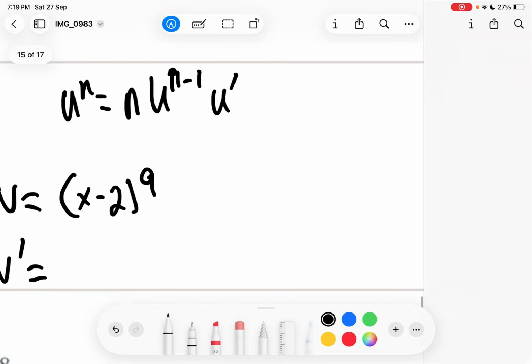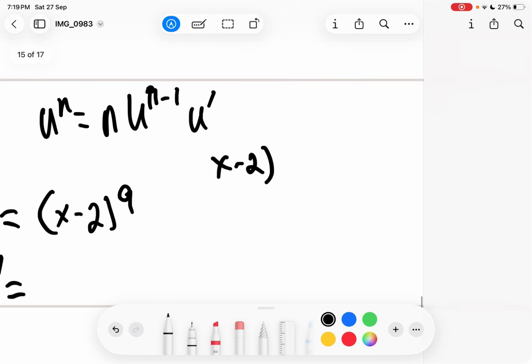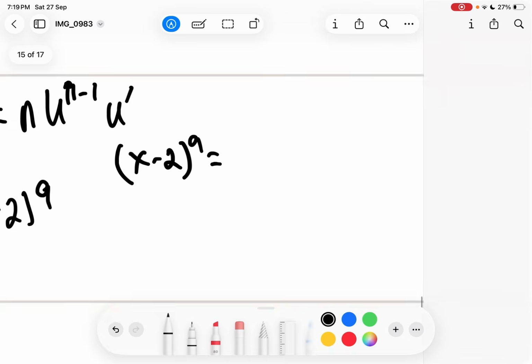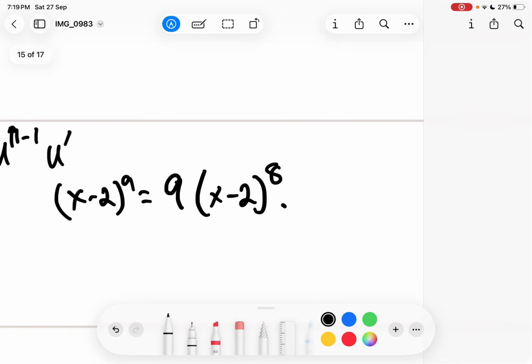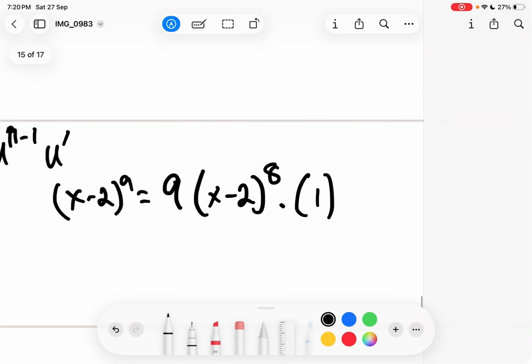So it will be 9(x - 2) to the power of 8 times 1, because the minus 2 will go, and the derivative of x is 1. So it will be 9(x - 2) to the power of 8, and that's your v prime.